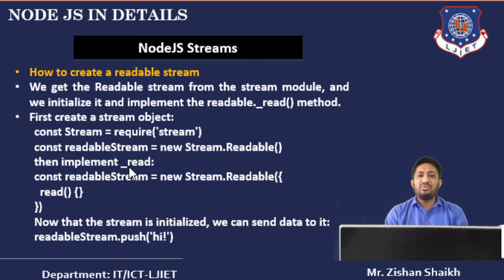Then we have to use the read method. Whenever you see underscore read, that is a method available in the stream class. So here we use const readableStream equal to new stream.Readable, and in the parameter, in the body, you are using the read method. Once the stream is initialized, if you want to send the data, you can use the push method, readable.push, and what you write can be read here.